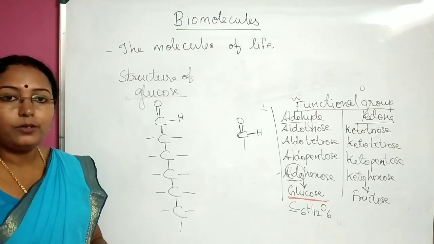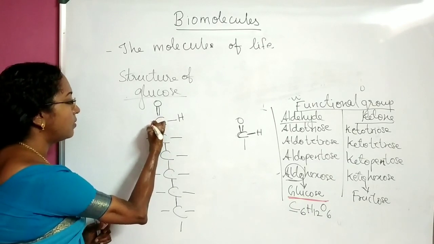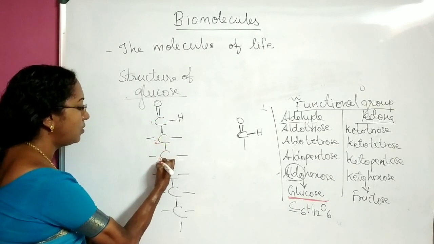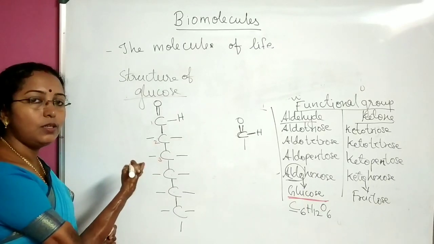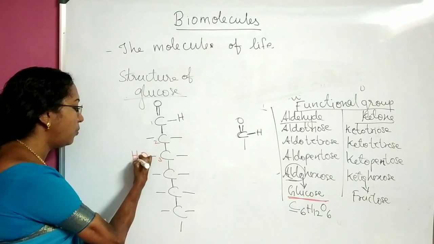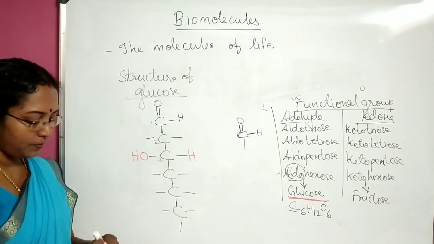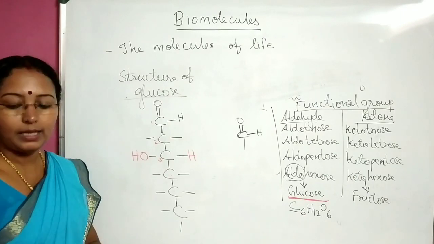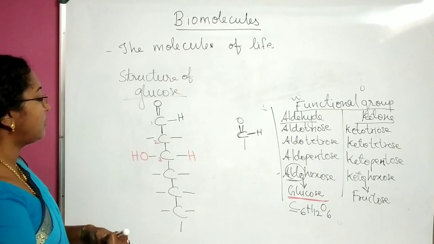Remember, when you draw the structure of glucose, carbon number 3, that is, this is 1, 2, 3. In the third carbon alone, the orientation of the hydroxyl group should be like this: OH on the left side and H on the right side. In the rest of the carbon atoms, the orientation of H and OH is in the other form.